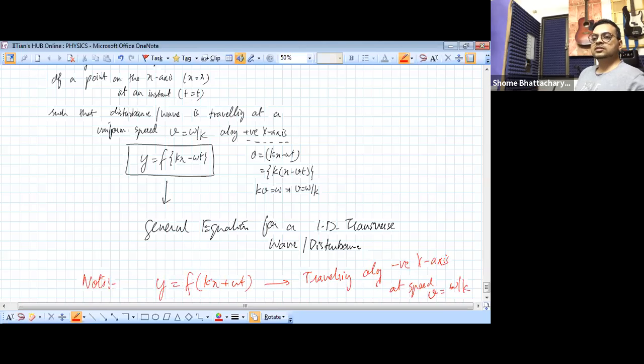The magnitude of the velocity is still omega by k, but the direction becomes along the negative x direction, because when you replace x with x plus delta x, the graph shifts towards the negative x direction. When you replace it with x minus delta x, it's transforming along the positive x direction. So hence the difference of sign makes the difference of the direction of propagation. Okay.